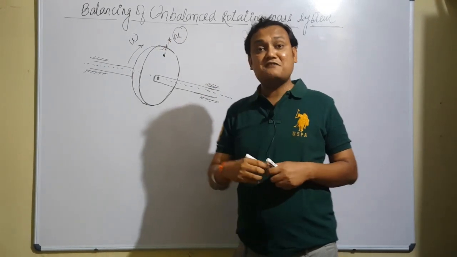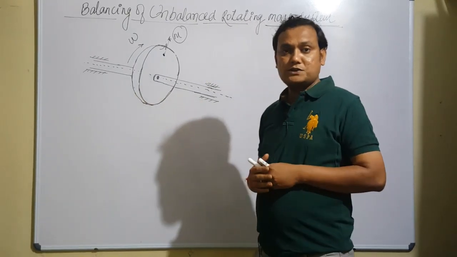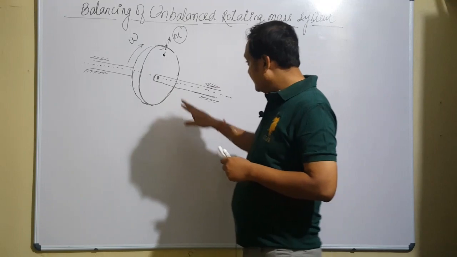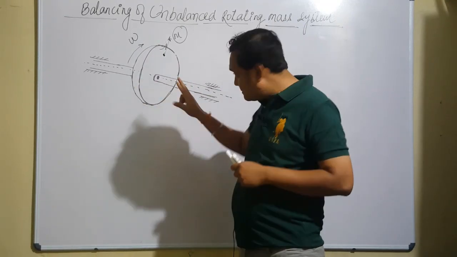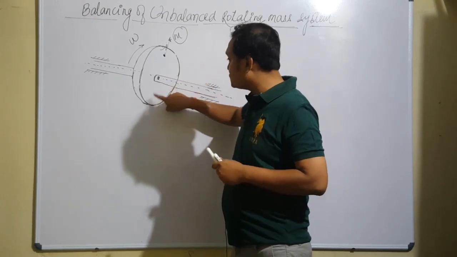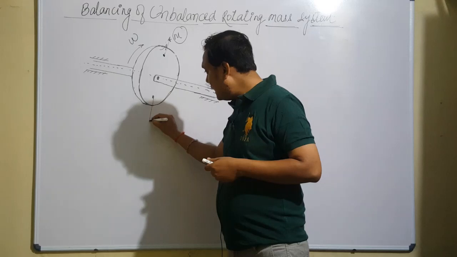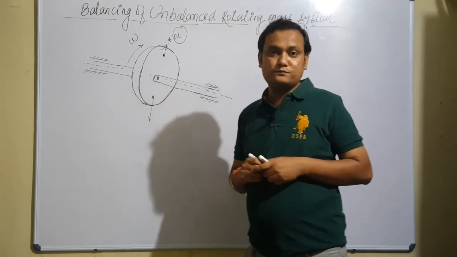But in the case of a rotating disc or symmetric body, there will be a point, the mirror image of this point, which will also feel an equal but opposite centrifugal force.